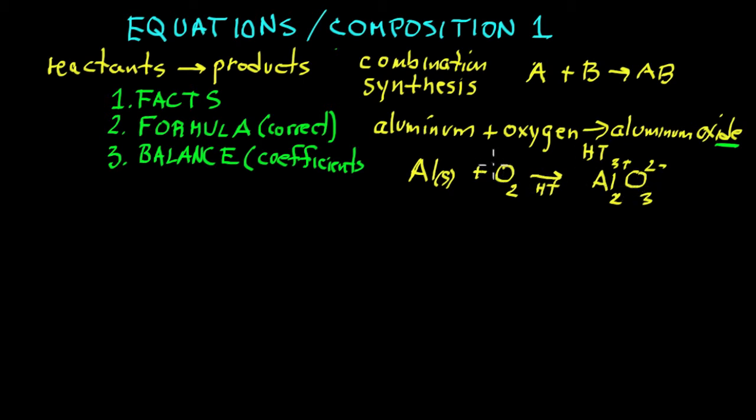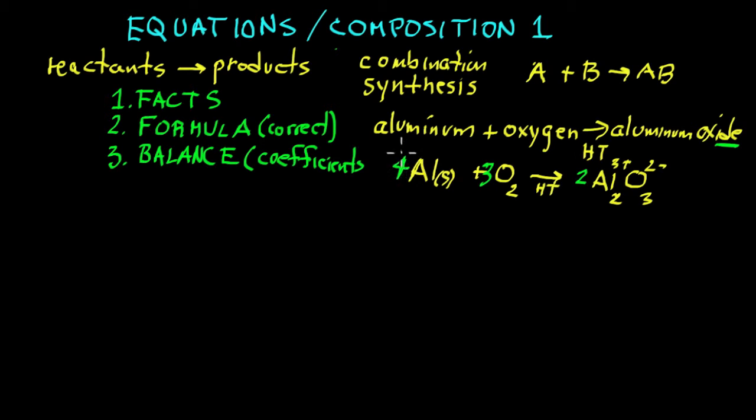Well, that is 6. 3 times that 2, subscript 2, is 6, and over here you can put a 2. Now you can't put the 2 inside the formula. You can't change the formula. You put it in front of the formula. 2 times 3 is 6. Now when you did this, notice we now created 2 times 2, or 4 aluminum.